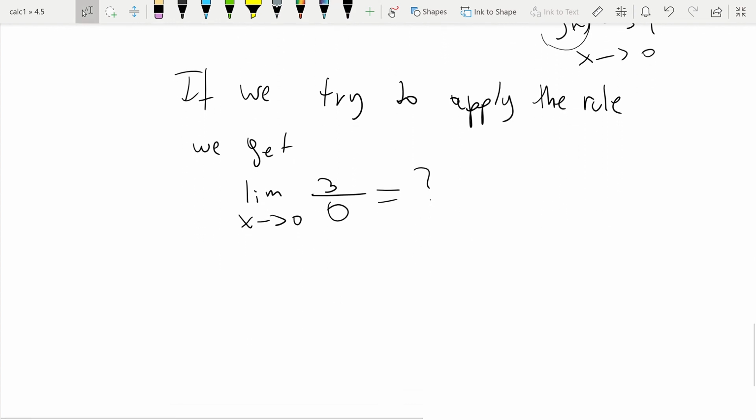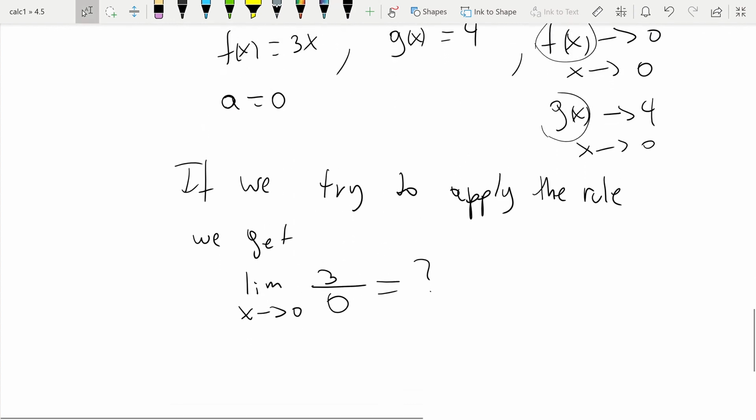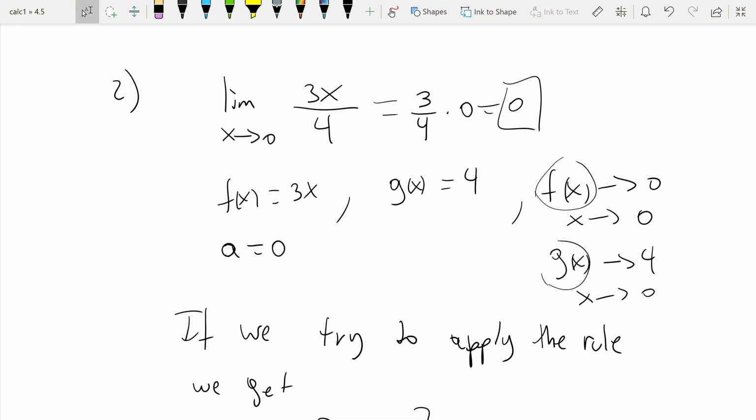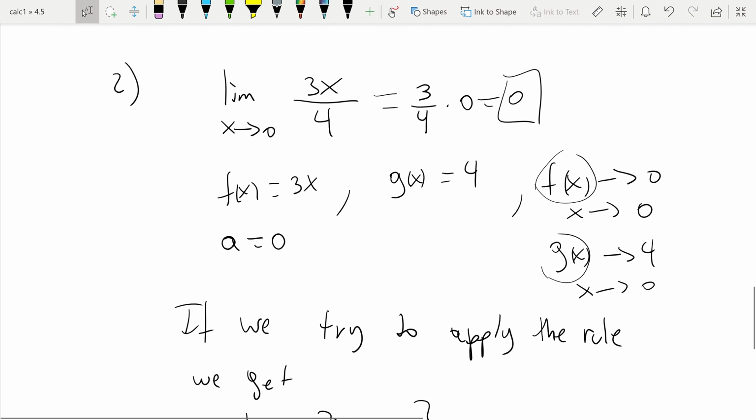The good news is that here you already know how to compute the limit. So you only need to apply L'Hopital's rule when the expression you get is undefined, or you have an indeterminate form. Here it's not indeterminate, so you can just use some of the rules you already know. When that fails, then you're probably in a situation where you can apply L'Hopital's rule.